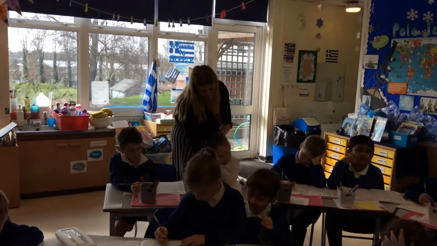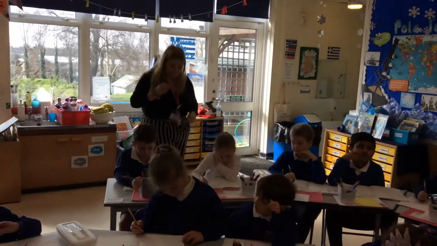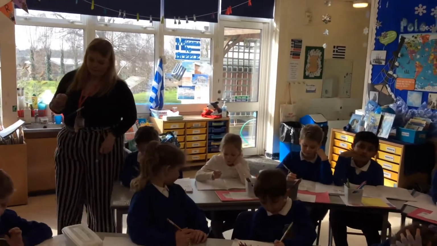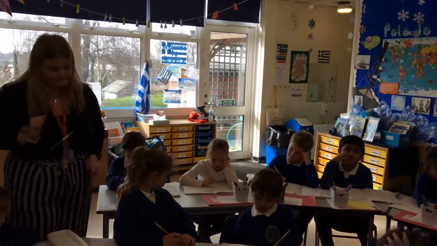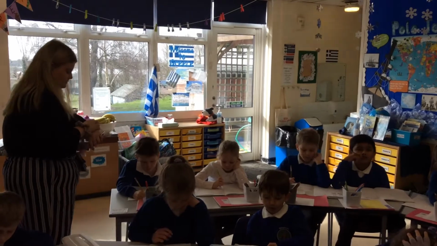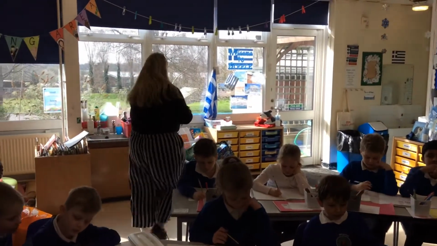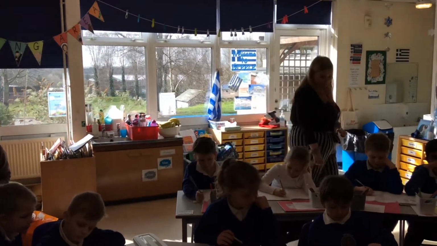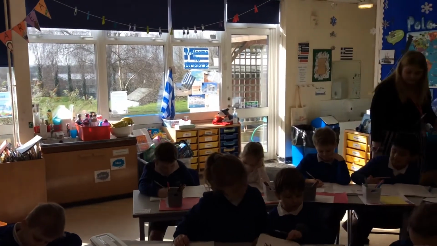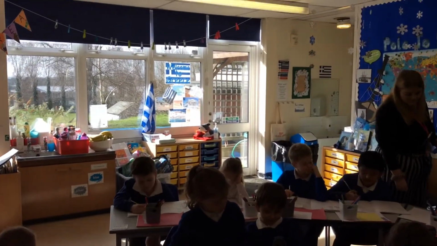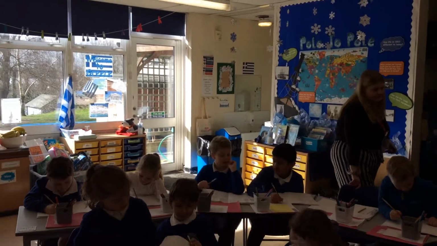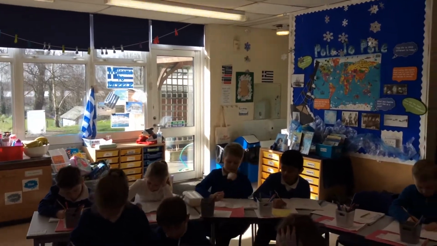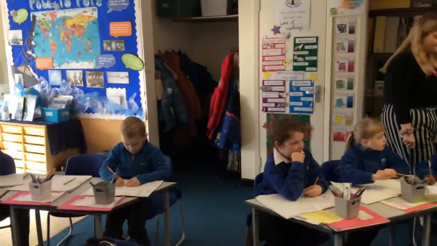How many pieces does the cake need to be cut into for it to be a quarter? Think about the work you were doing yesterday. Which fraction were you working on yesterday? Look back in your book.